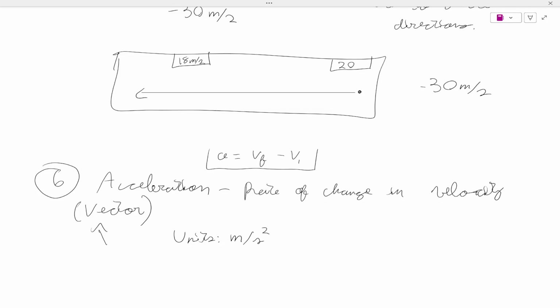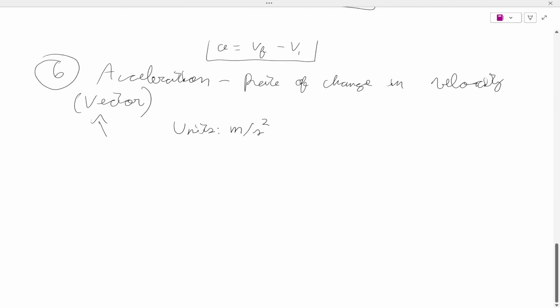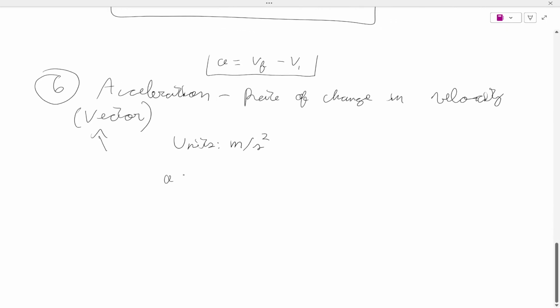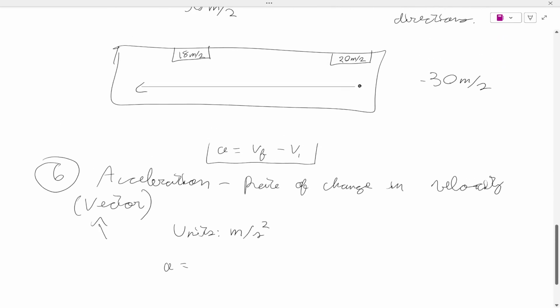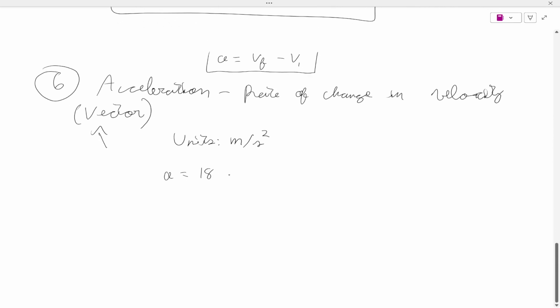So my final velocity was 18 meters per second minus 20. And this equals 2 meters per second squared.